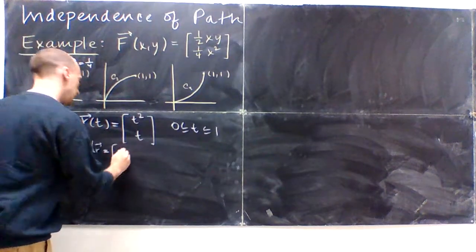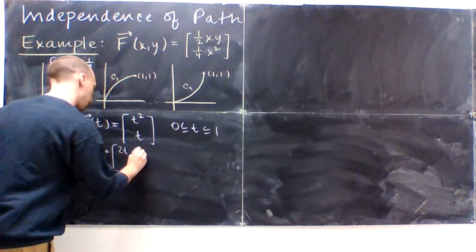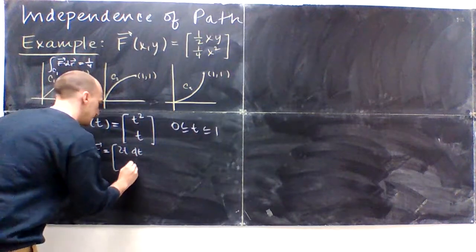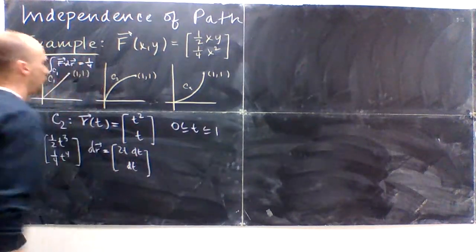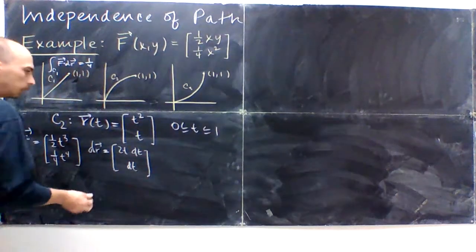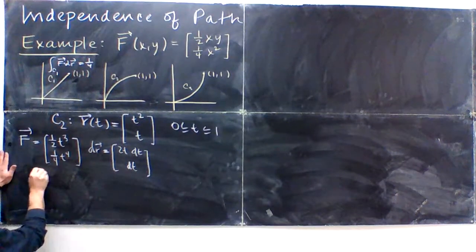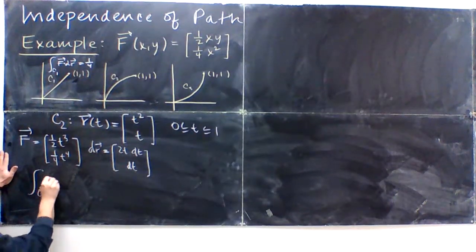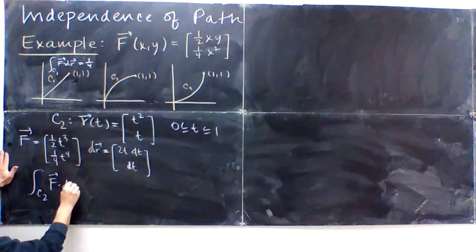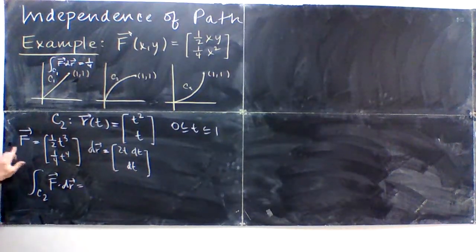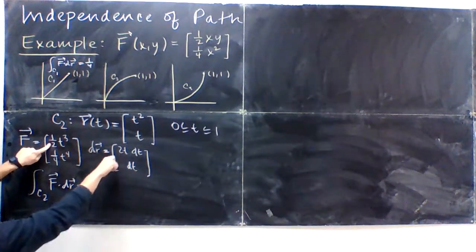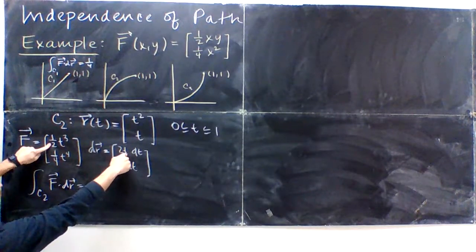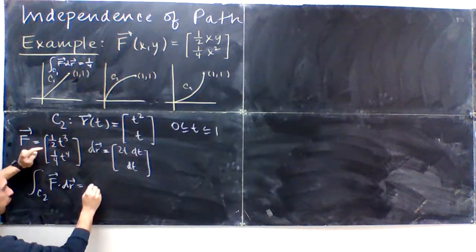So this is 2t dt and just 1 dt. When we go to integrate F dotted with dr, that's going to be, 1/2 times 2 is 1, t to the 4th dt.